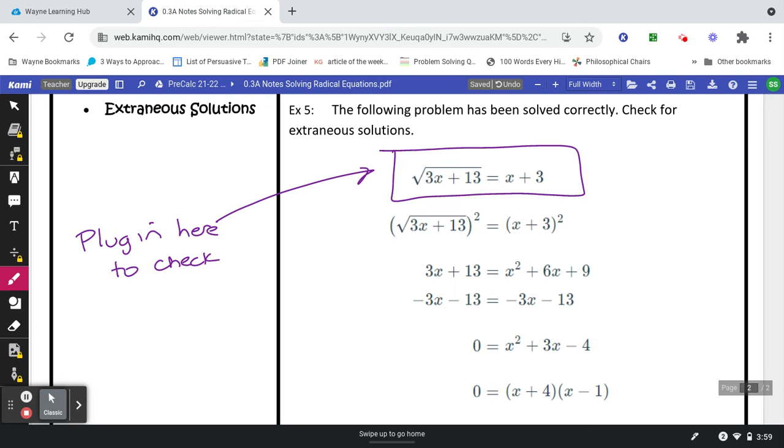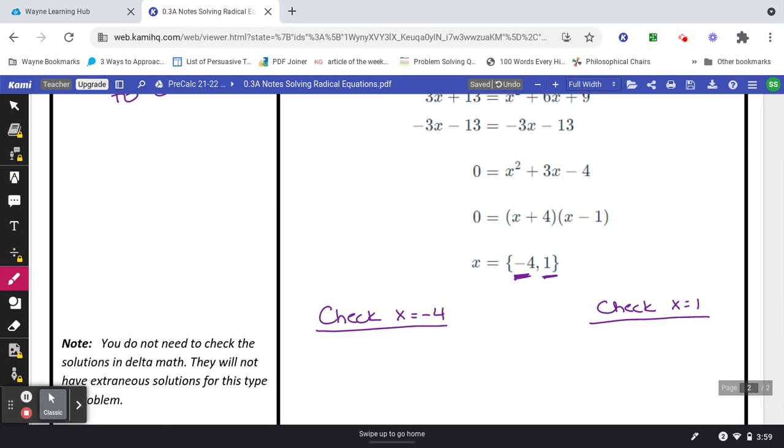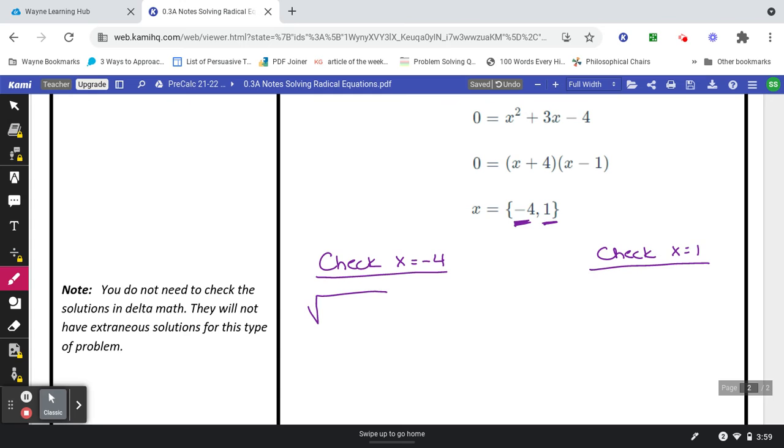And we're just trying to make sure that both sides are equal to each other. So let's plug it in. I have 3 times -4 plus 13. All that's under a square root bar. And I'm going to set it equal to -4 plus 3.